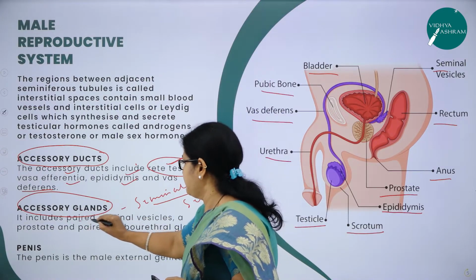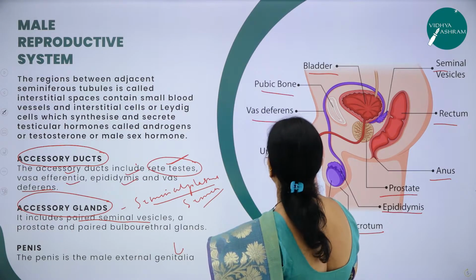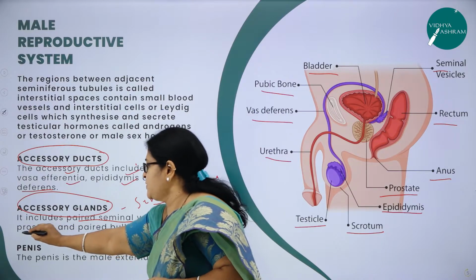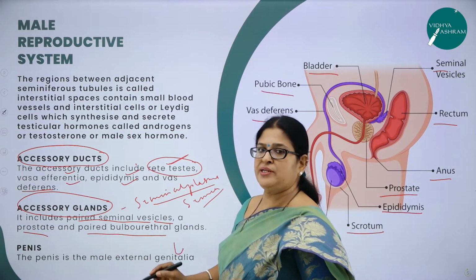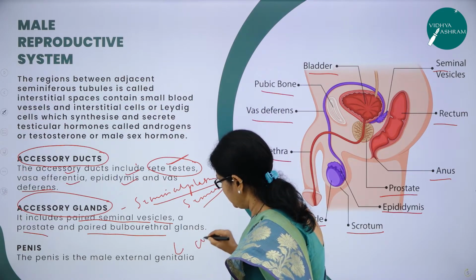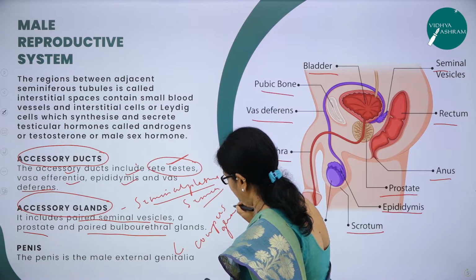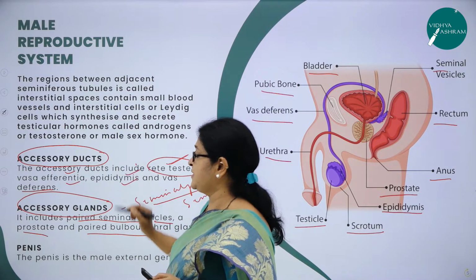The paired seminal vesicle, a prostate and a paired bulbourethral glands. Bulbourethral glands are also called Cowper's glands. So what is the other name for bulbourethral gland? Cowper's glands.